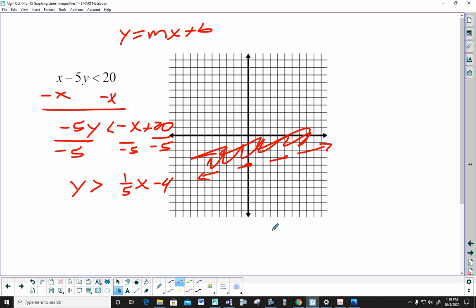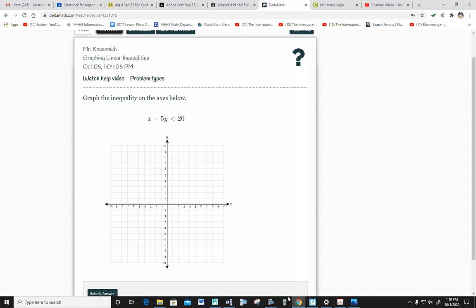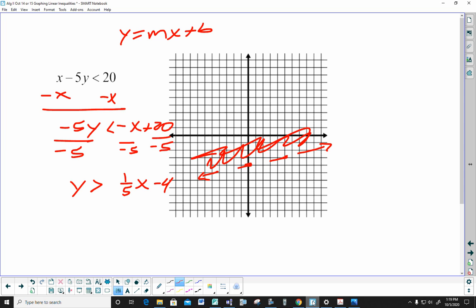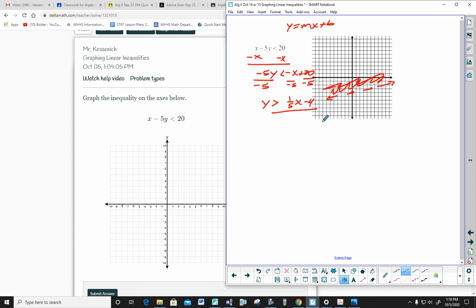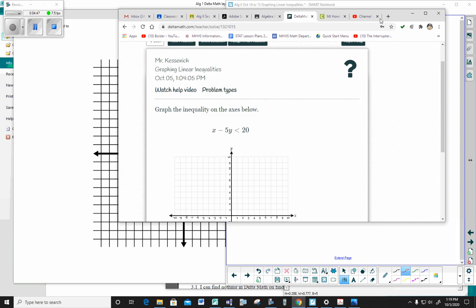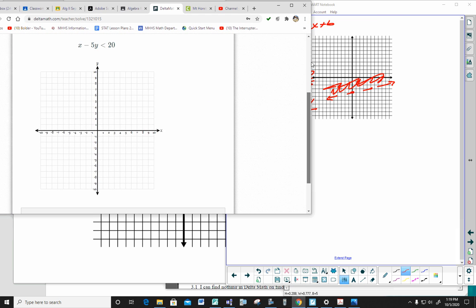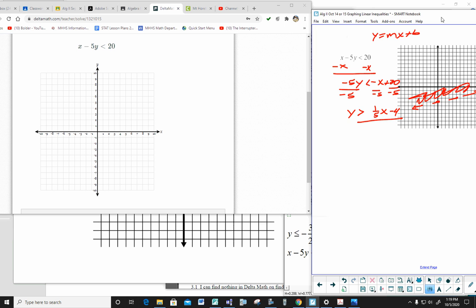Okay? Now just so you can see it happen in Delta Math, let's jump over there and see if I've got it ready. Okay? That's the same equation. So remember, it was 1/5. Let's scoot this over, we can still see it.